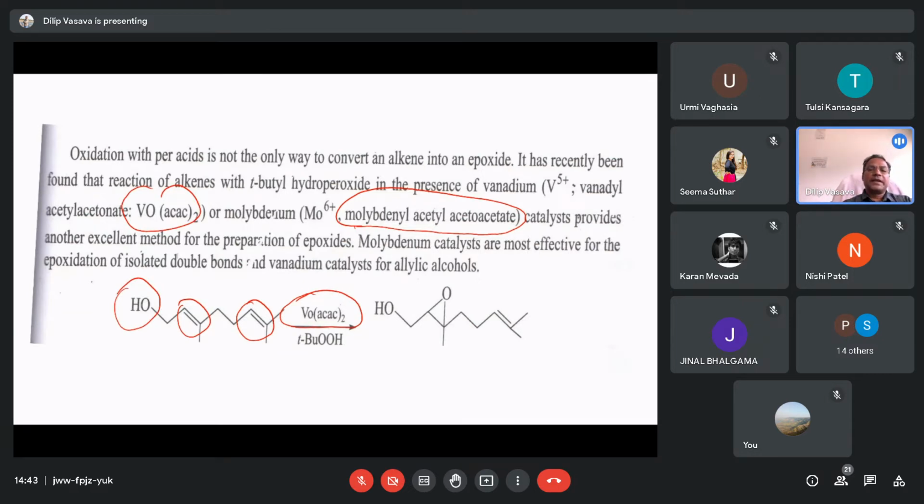In that case, you can say that this is the more substituted alkene, and this double bond is less substituted. So oxidation will be carried out at this double bond instead of this double bond. But here the oxidizing agent is changed, that is, the derivative of molybdenum or the derivative of vanadyl or vanadium.